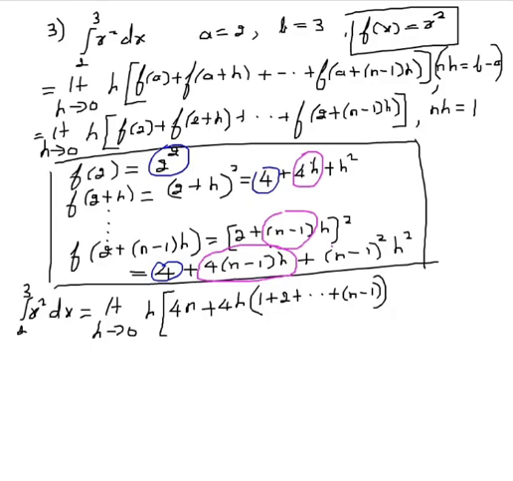Now let us add h square terms. h square, and here we have n minus 1 square h square. Let us take h square common. We get 1 square, 2 square, etc. up to n minus 1 the whole square.